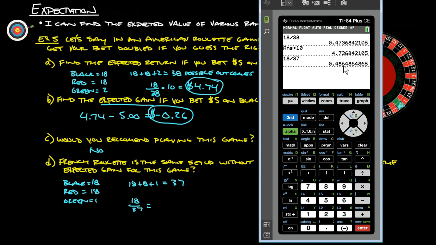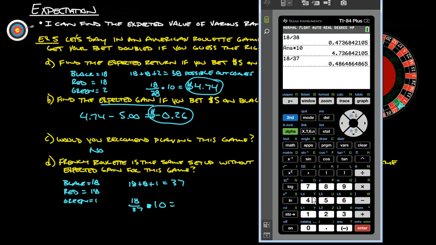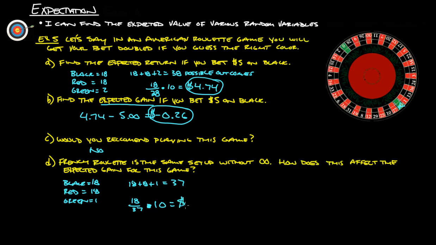Sorry, we'd take that times 10. So we multiply this by 10 and round it to the nearest penny. The expected payout is $4.86.